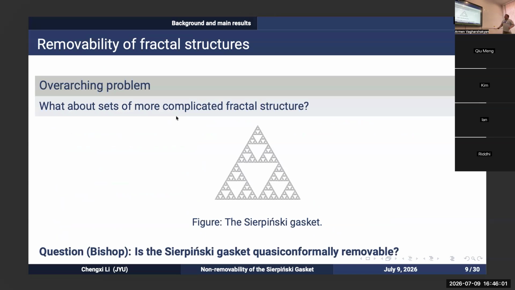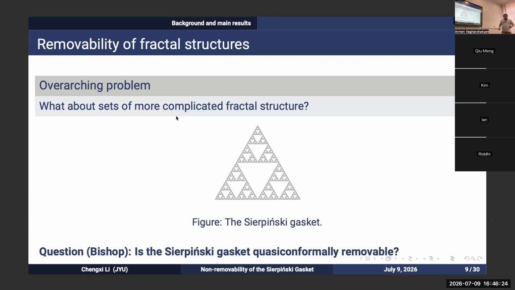Yes, and now we come back to the central problem of this paper: the removability of some fractal structures. So the overarching problem is, what about the removability of more complicated fractal structures? The basic examples are the Sierpinski gasket and Sierpinski carpets. Why is this important?